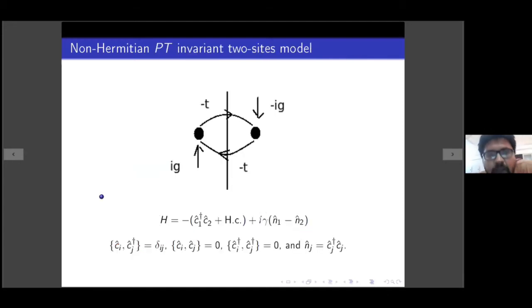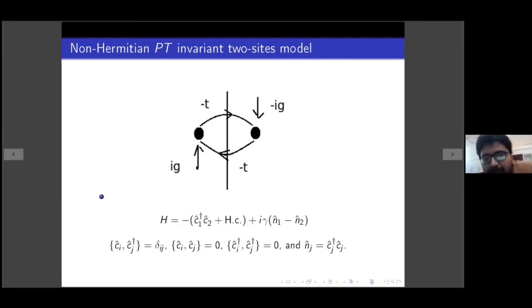Now I'm going to talk about a condensed matter perspective. Let's first talk about a two-site model. You have two sites, and you allow some hopping, with a hopping amplitude you can think of as minus t. You put these two sites in complex chemical potentials.